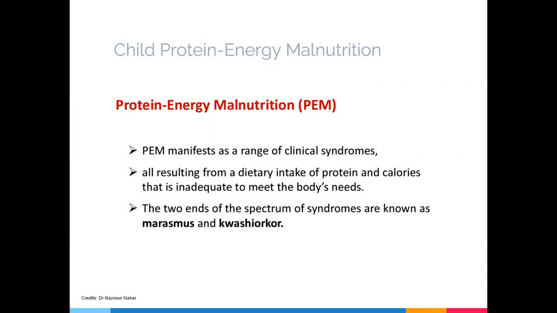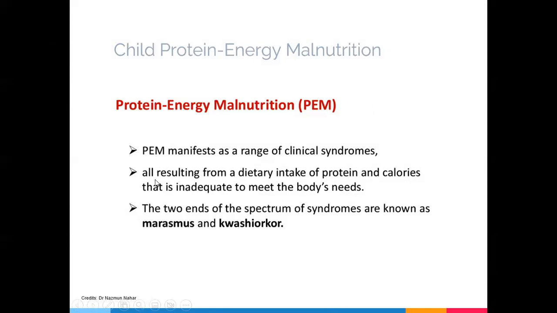Okay, so it's very important to know that these kinds of PEM are only occurring among children. Yeah, because the type of PEM that occurs in adults is different. Okay, so when you say child PEM, it usually refers to these three types of PEM, which are again Marasmus, kwashiorkor and Marasmic kwashiorkor. Okay, so PEM is a disease on its own.